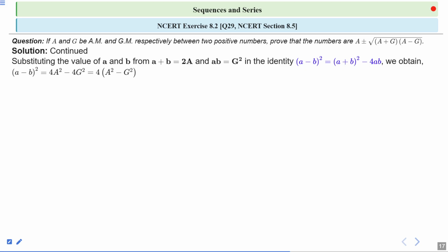From here you can take out 4 common, then you will get 4 times (A square minus G square). So from here you will get a minus b whole square equal to 4 times (A plus G) times (A minus G).